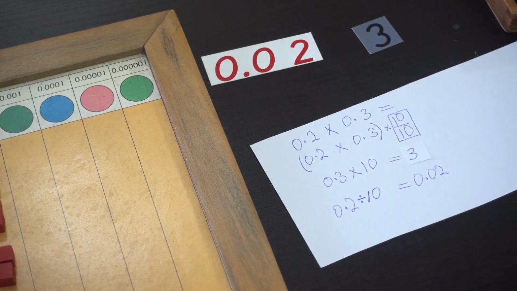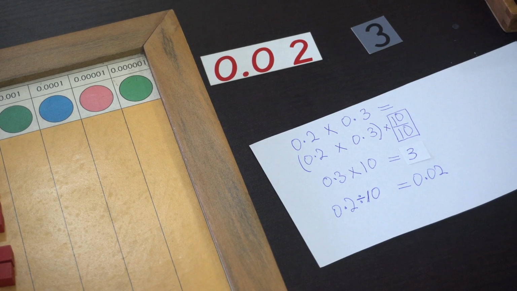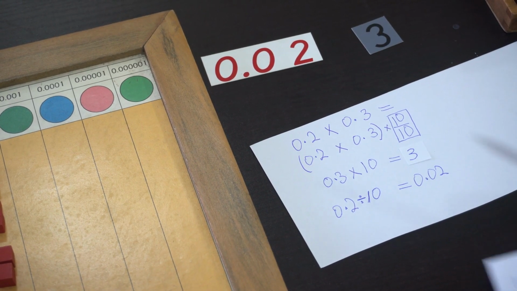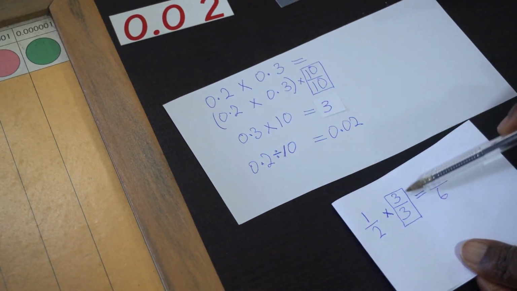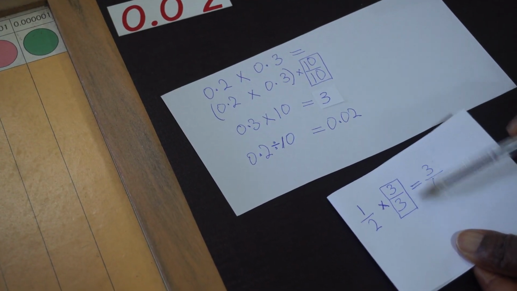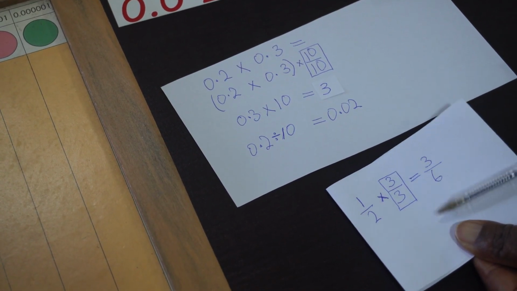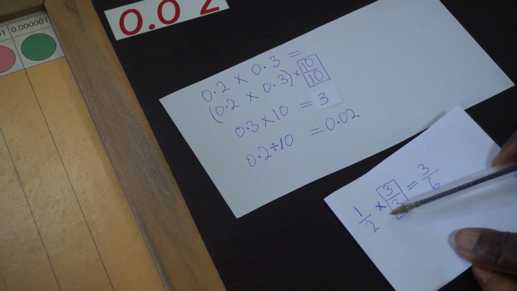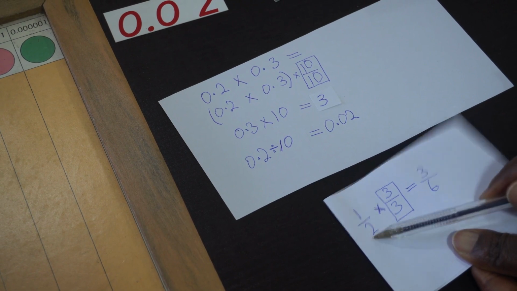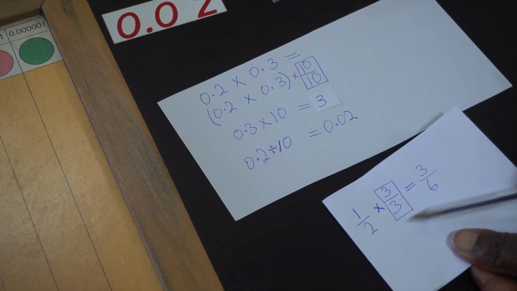Just like when we multiply in common fractions, when we multiply a half by this kind of value 3 over 3, which is the same thing as 1, any number multiplied by 1 is still that number. The value does not change.